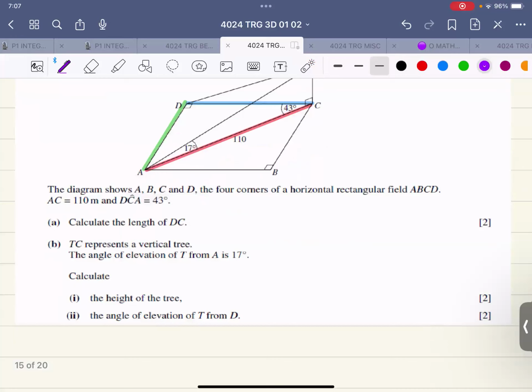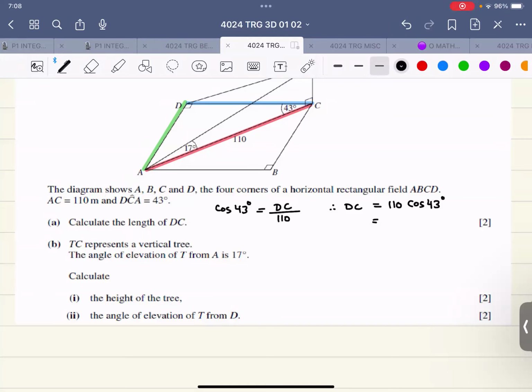So the very first thing that we need to do is cosine of 43 degrees equals DC, the blue line, divided by 110. In other words, if I make DC the subject, that is 110 multiplied by cos of 43 degrees, and then I'll use a calculator. Let me get it first.